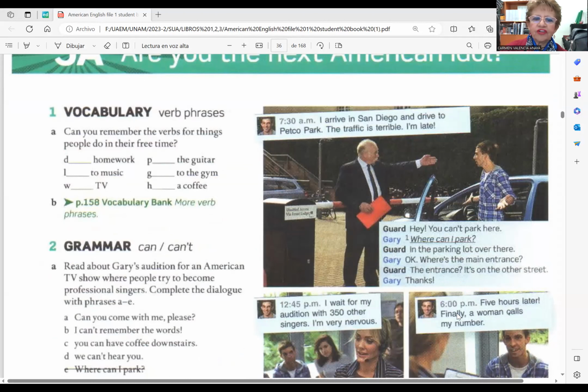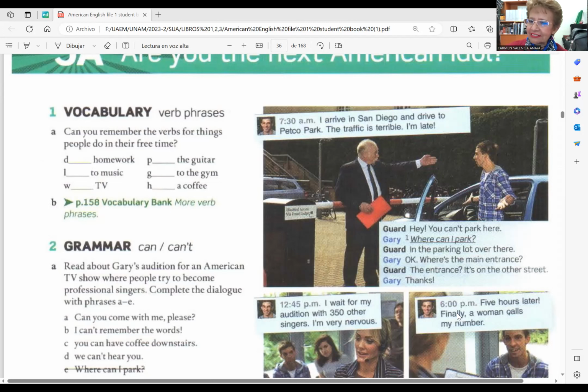Look at this one. For example, at 7:30 a.m., I arrive in San Diego and ride to the Petco Park. The traffic is terrible. I'm late. And the guard says, hey, you can't park here. You can't. Look at this one. You can't park here.